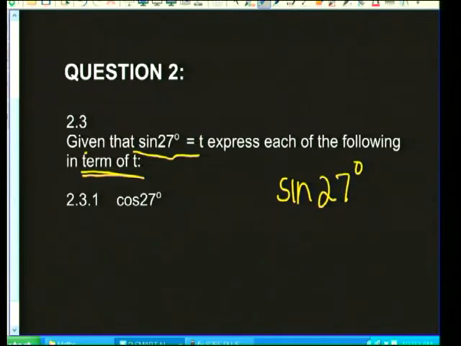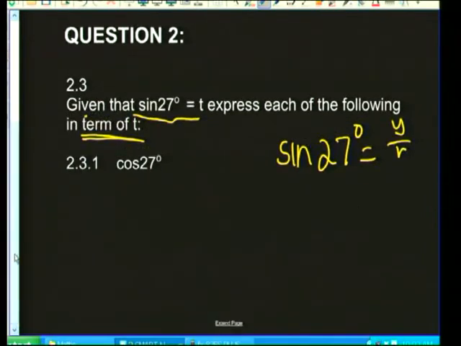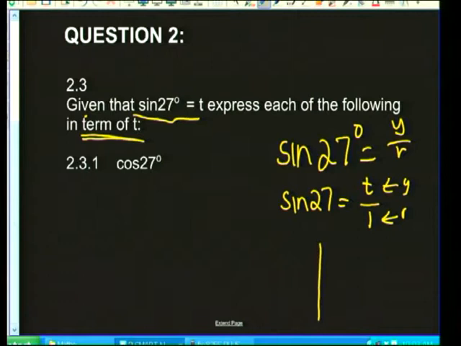Remember, guys, sine is y over r. So we actually need to sketch here. And we know that sine 27 is t over 1. So this is your y, and this is your r. So if we were to sketch that, this is 27 degrees.